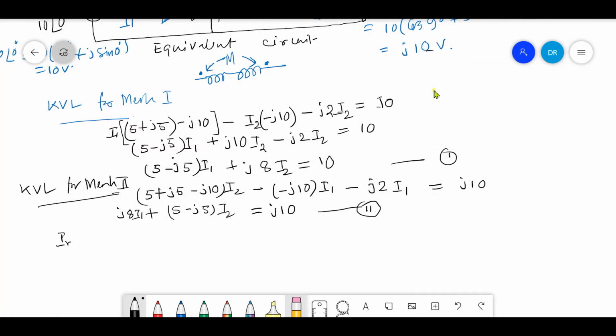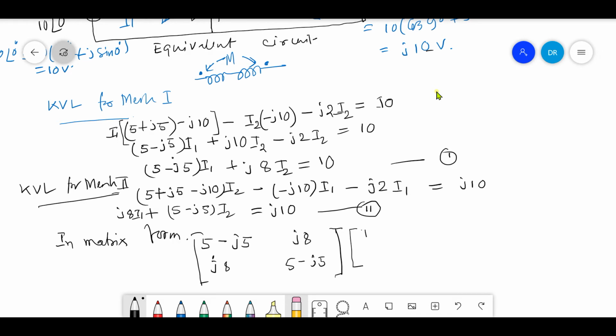Now from these two equations we will write the matrix form. In matrix form we write the coefficients of I1 and I2.